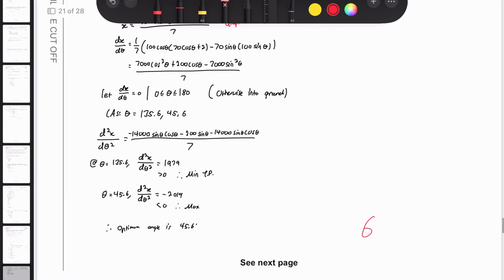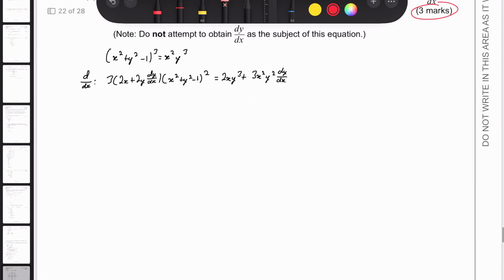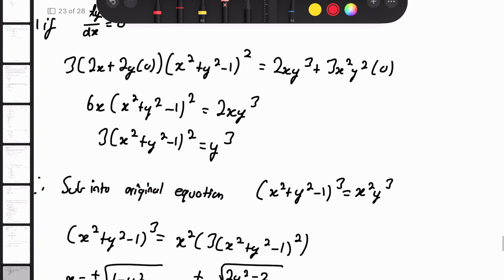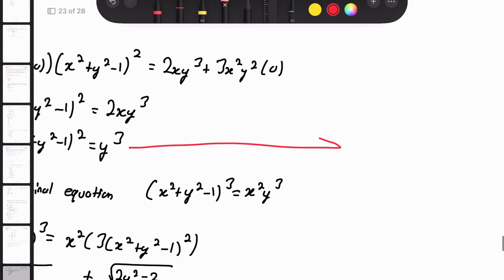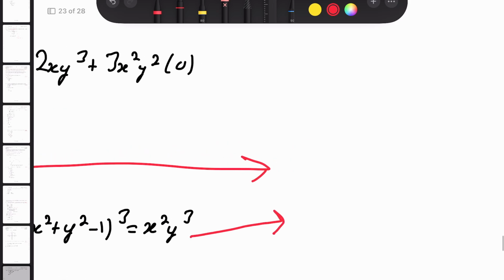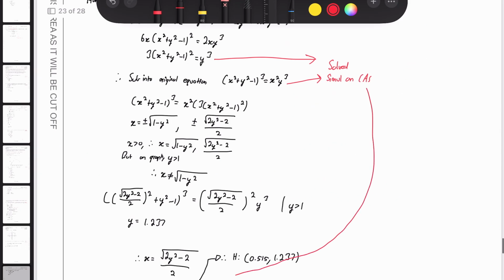But it was the correct angle, 45.6. And here, that was okay. This was good. And from here, they did this one. They put this out. And this one. And then they just solved simul on CAS. And that will get you this straight away.